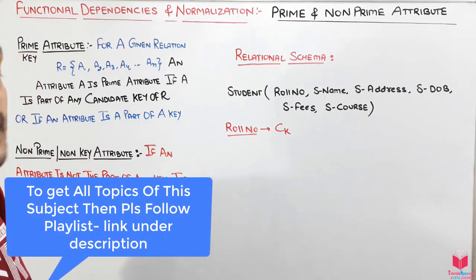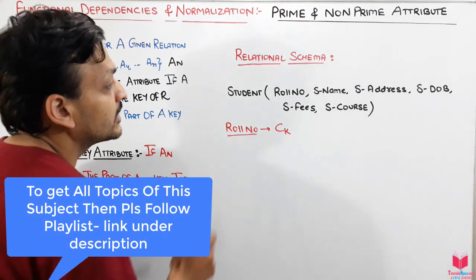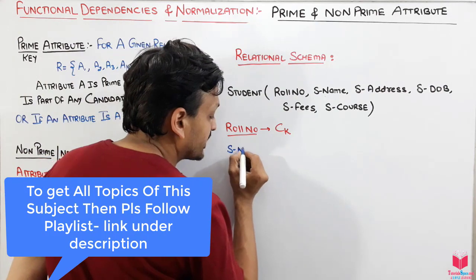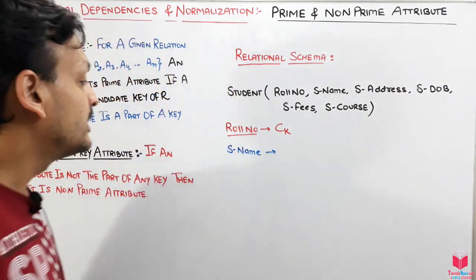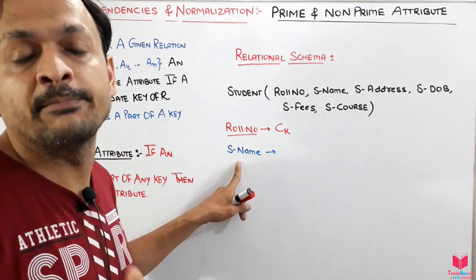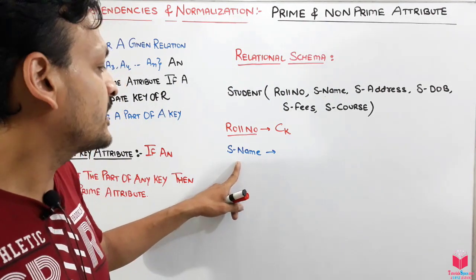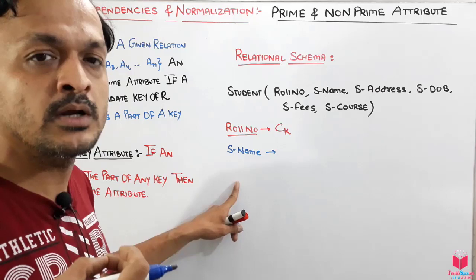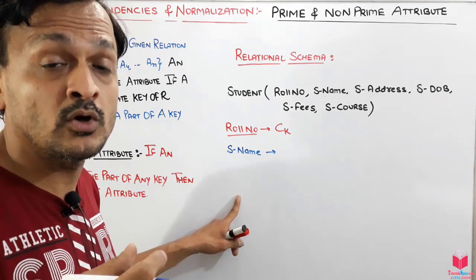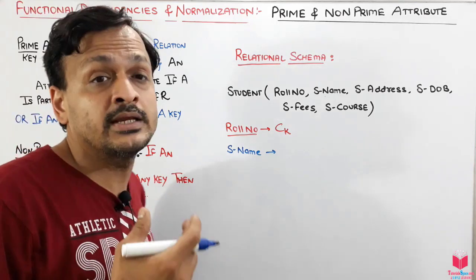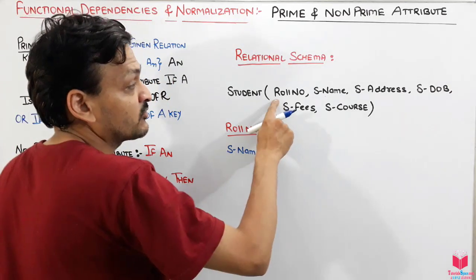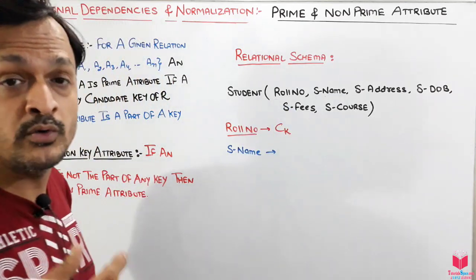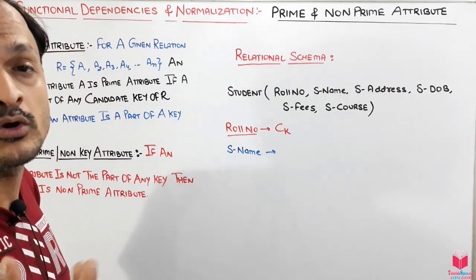After that we find out some other combinations. Can student name help in finding all the attributes' unique values? If I say a student name like Sean, can I identify the roll number? Maybe, maybe not, because there may be two or three students with the same name Sean, so it will not be easy to find the roll number, because we don't know whom we are talking about.